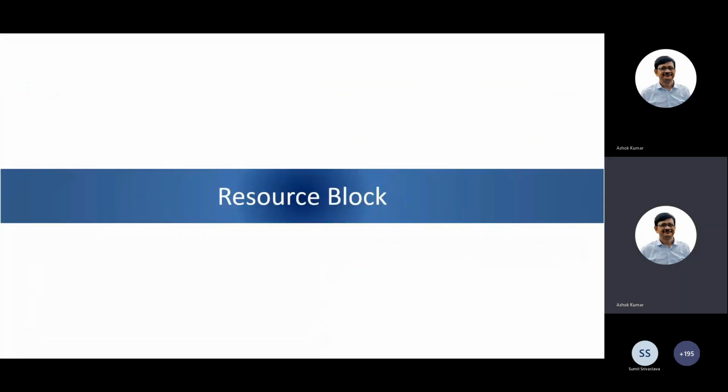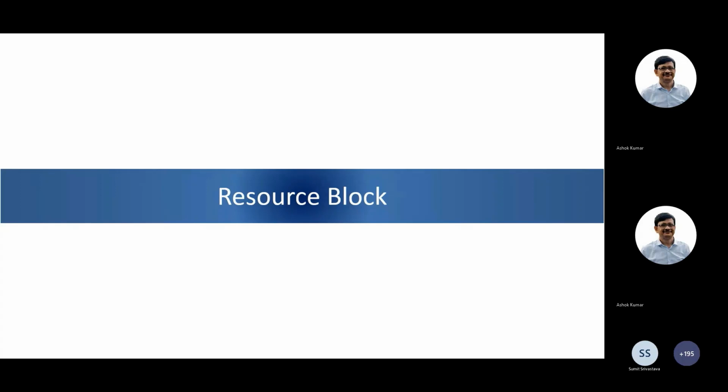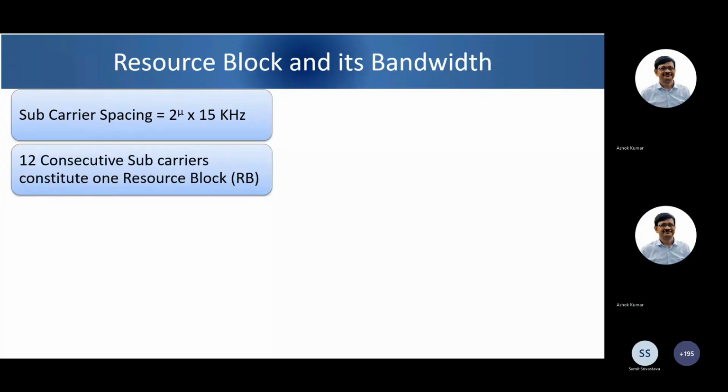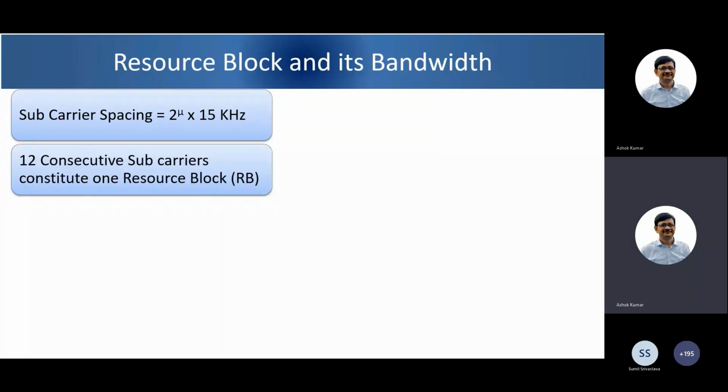Okay, so what is a resource block? Can some of you answer? Those who know 4G would know what a resource block is. Okay, let me tell you about it. As we know, the subcarrier spacing is this. 12 consecutive subcarriers is equal to one resource block.